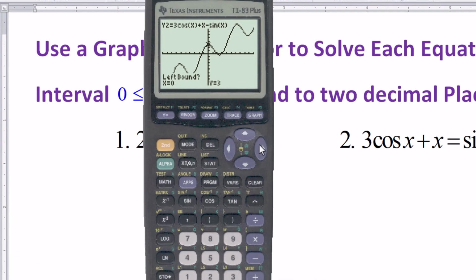Again, we want to stay between 0 and 2 pi, or approximately 6.28. So for the left bound, we bring the cursor close to where the first intercept is. That's good there. Hit enter. Now the right bound, so past that point, hit enter. The guess you can ignore.